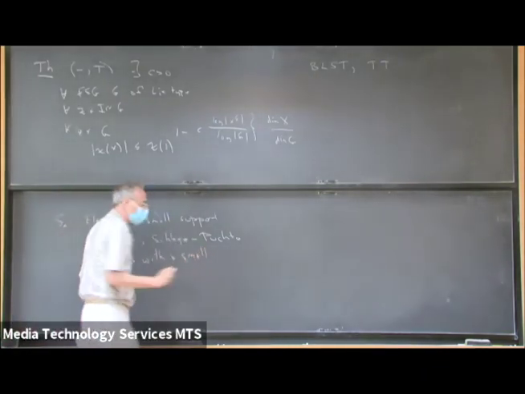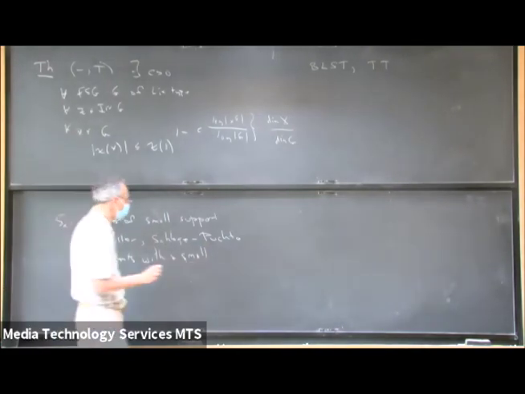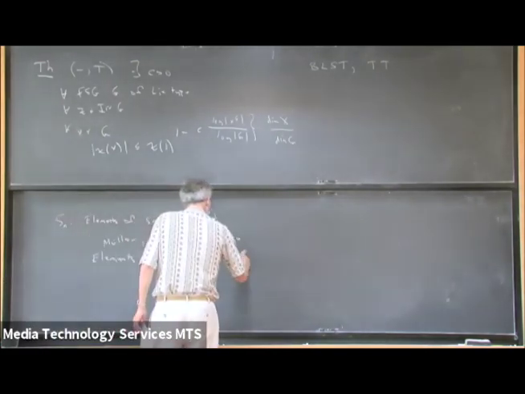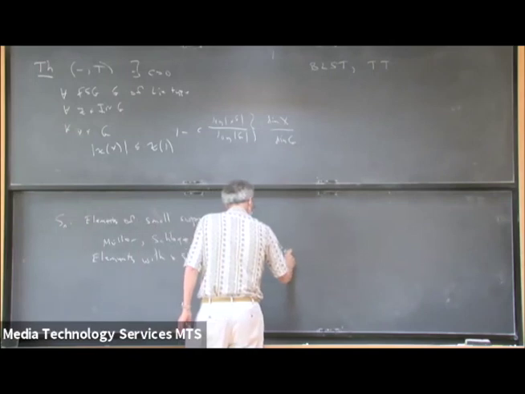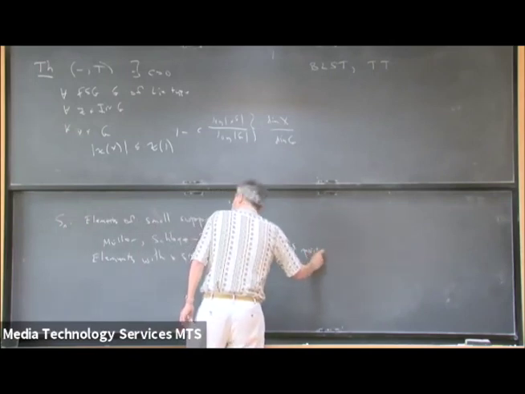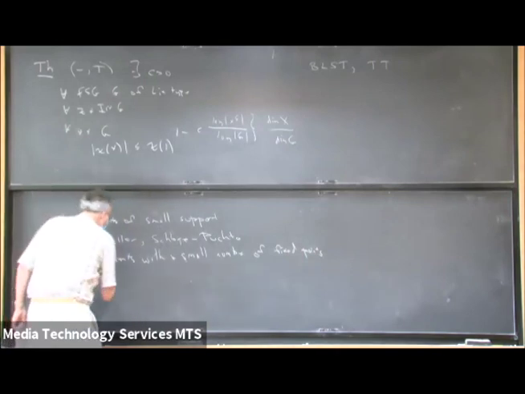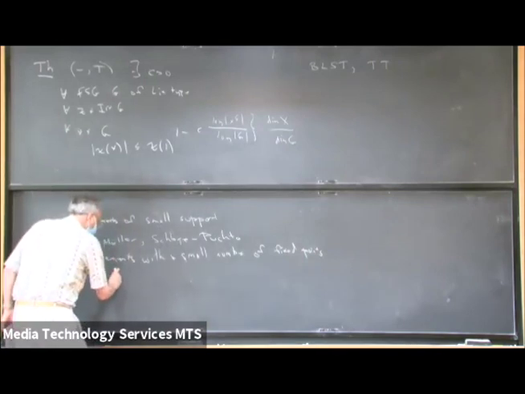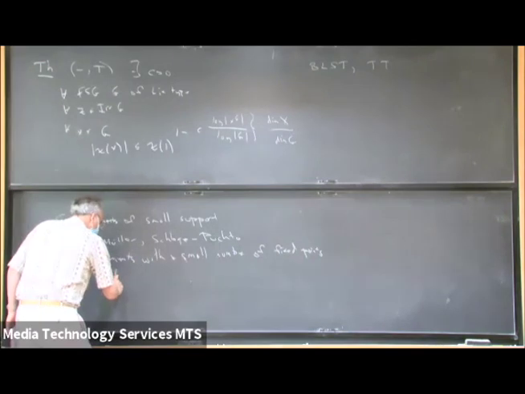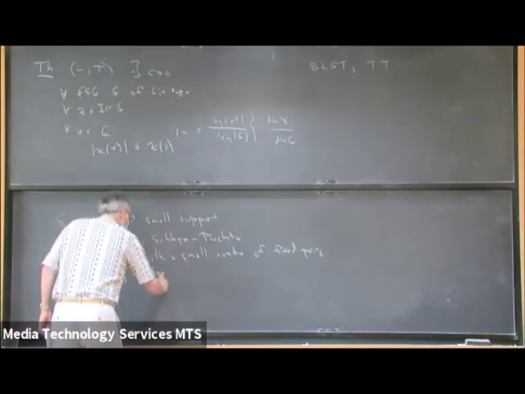By small, I mean, let's say n to the 1 minus epsilon. There is a result which is more or less optimal, I think, due to myself and Aner Shalev.